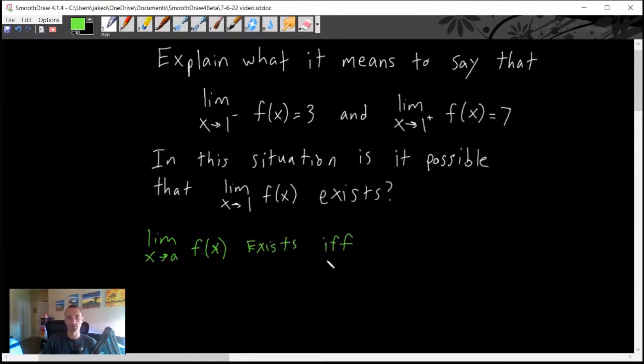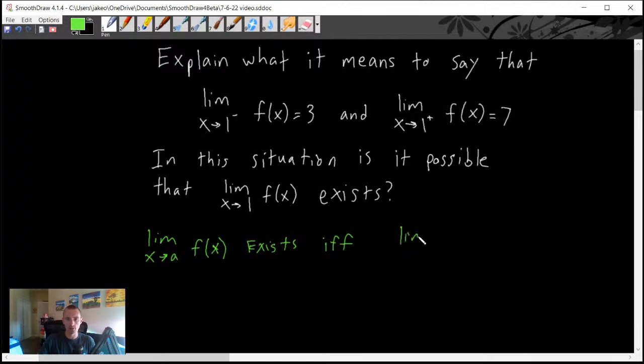If you ever see this little iff, that means if and only if, which means it'll exist if this happens, and if these happen, that also means it exists. Basically, it implies in both directions. So our two-sided limit exists if and only if both one-sided limits exist.